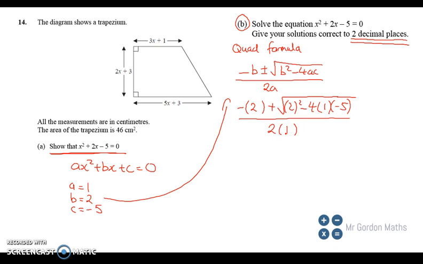Hopefully that's all in there correctly, and then your calculator will give you the value for that, and the other solution is going to be with the minus sign here instead. So it'll be same formula again, just with a minus there.